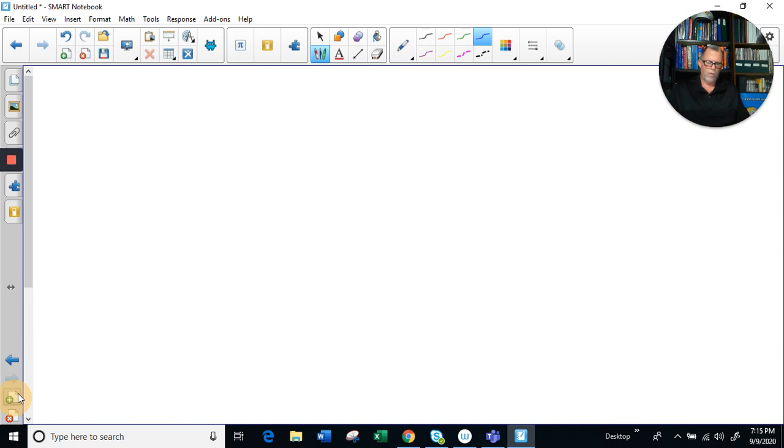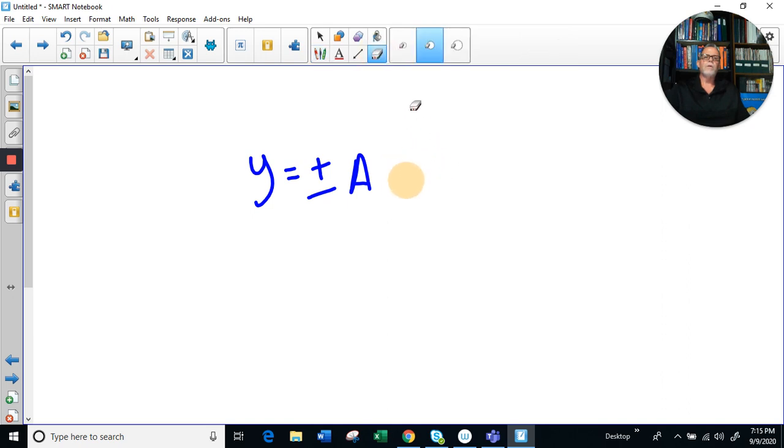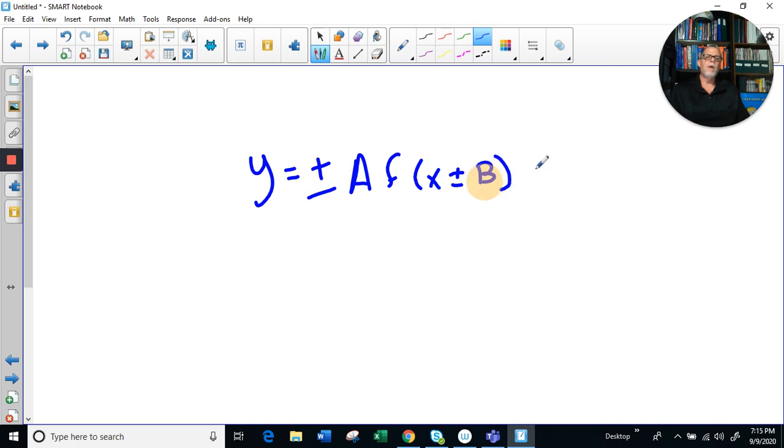But in general, if you have a function, if you say y equals plus or minus some value of a, which is just a constant, times some function, and let's do it as f of x plus or minus b, and then we'll say plus or minus c.